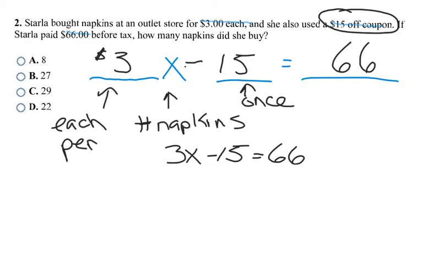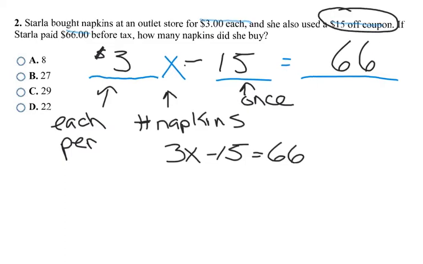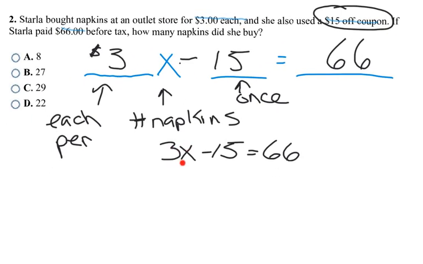So I don't have any parentheses to remove. There's only one x, I don't need to combine any like terms, so I can move on to adding or subtracting. So I have a minus 15 on this side, so to undo that minus 15, I need to add 15 to both sides. You can draw this line down, the equal sign, to help you keep track of the left and right side.